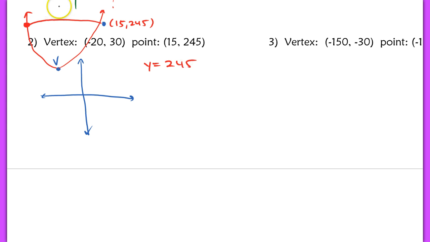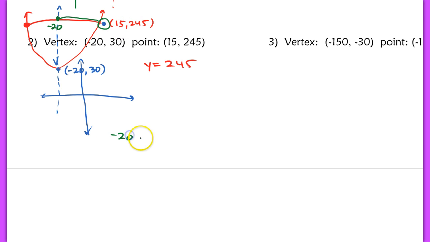The only thing we have left to find is the x value. Now this coordinate for the vertex is at (-20, 30). What we need to do is figure out how far away our point is from that axis of symmetry. So we went from -20 all the way to 15. A lot of people want to say the answer is 5 here, but these are not 5 units away. They're actually 35 units away.